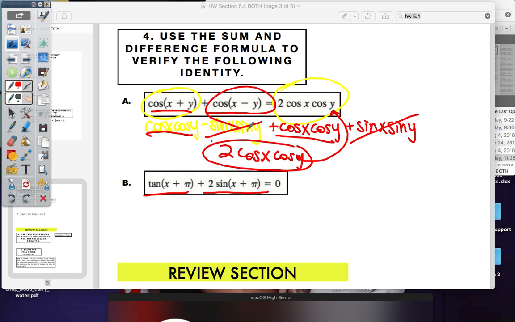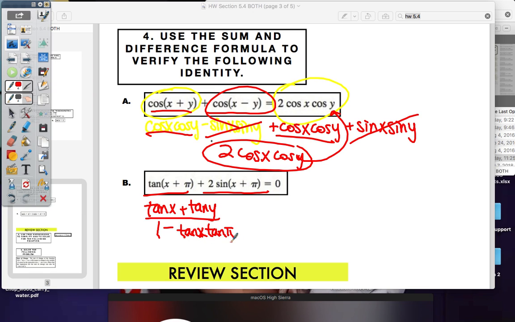What would be the v? Pi, good. We're literally just plugging it in. So it would be tangent of x plus tangent of y, all over 1 minus tangent of x times tangent of pi.